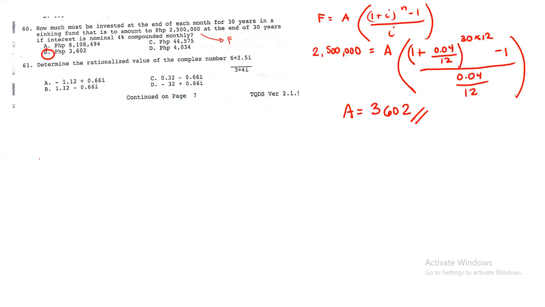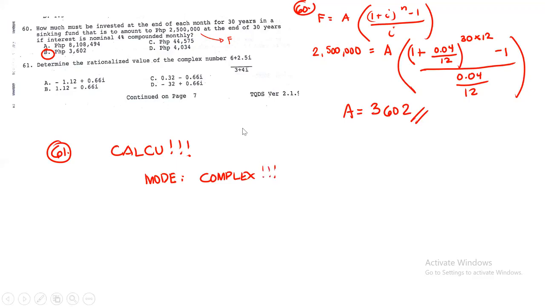Then, next, 61. Itong 61, napakadali lang nito guys. Type lang kagad sa calcu. Complex mode. Example natin to sa algebra. So, calculate na natin.